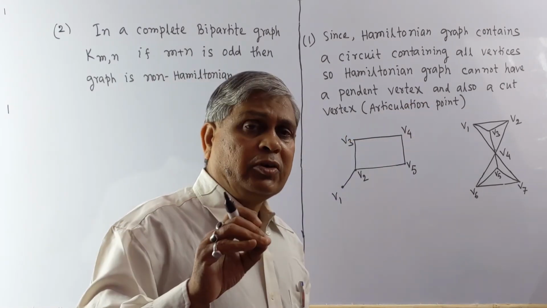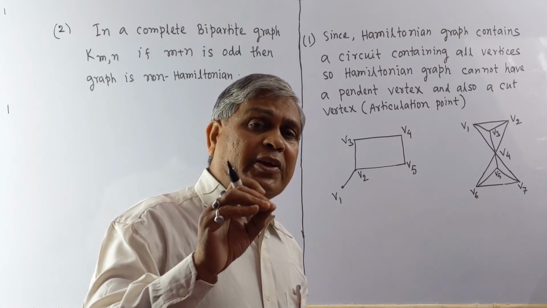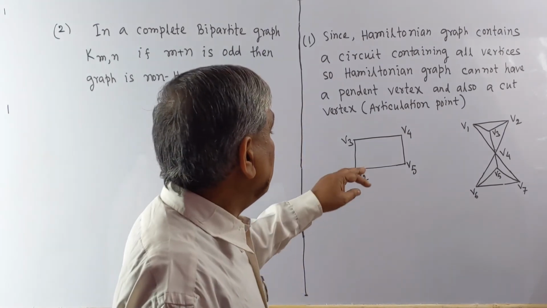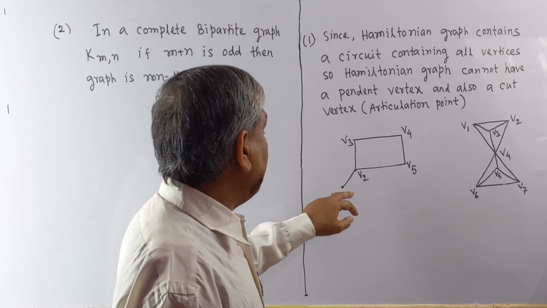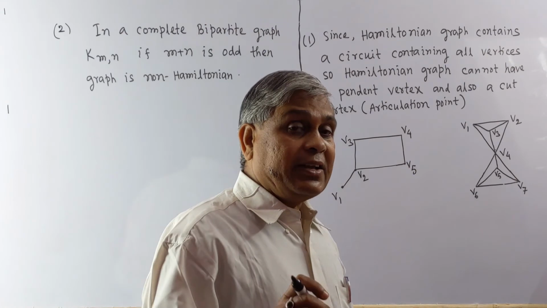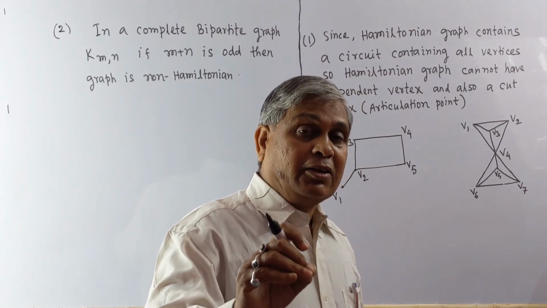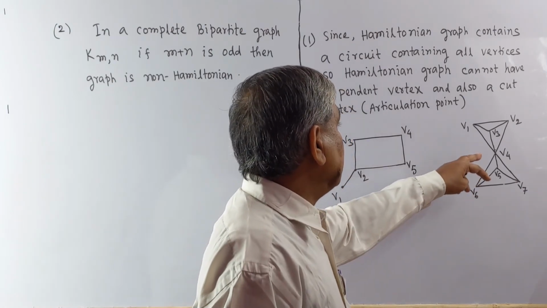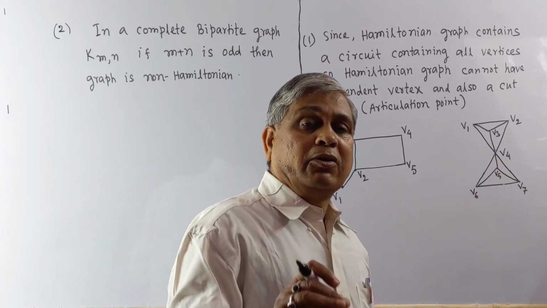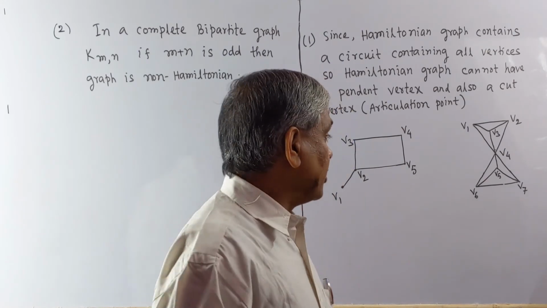Since for taking a circuit, the degree of each vertex will be at least 2, we cannot get a pendant vertex. Also, since vertex is not repeated during walk, this cut vertex or articulation point will not exist in a Hamiltonian circuit.